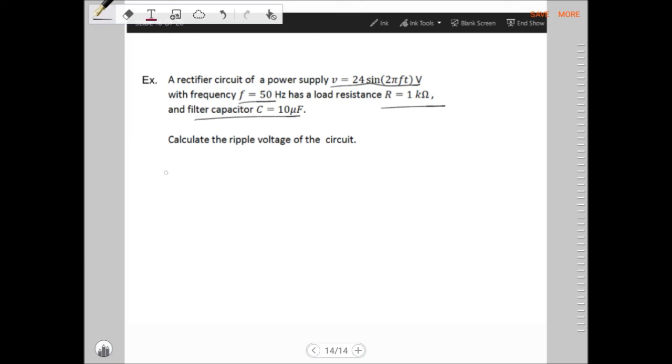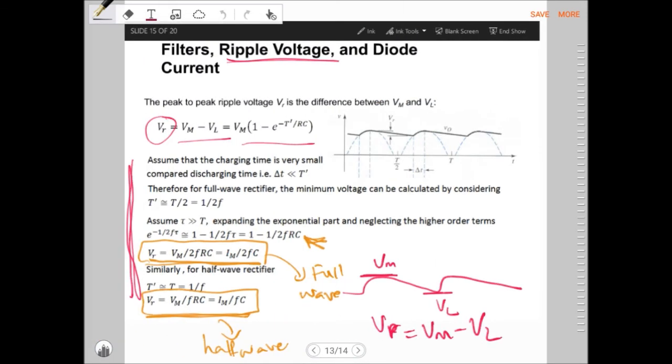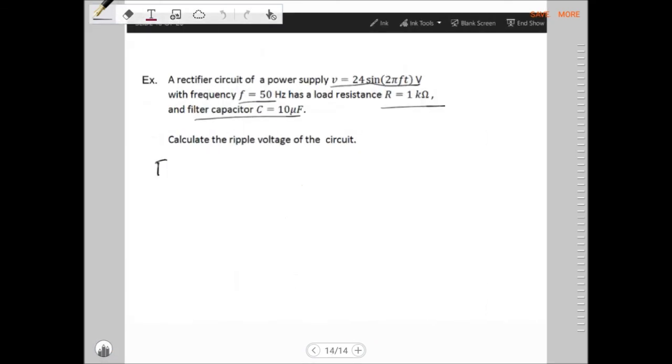So let's assume it's a half wave. If in the exam they don't tell you whether it's a full wave or half wave rectifier, you can ask. If it's not stated, then you can just assume like me.